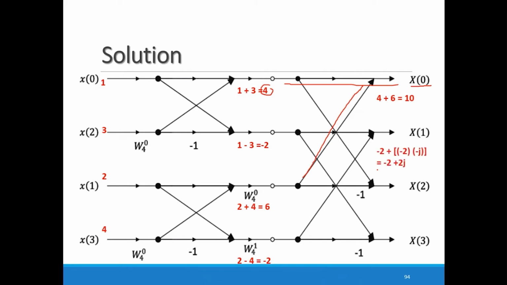In the second column, here x of 1: the first data you are getting from the x of 2 line. So here this is minus 2. Another data which is applied in this line is coming from this particular line. As we have seen, your first stage output is minus 2, and now this output we are getting at this particular place, minus 2.